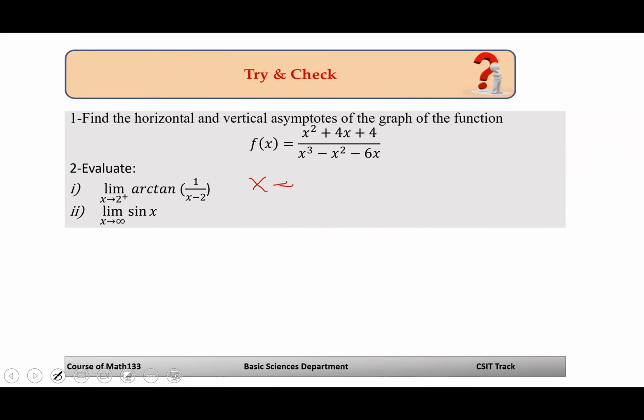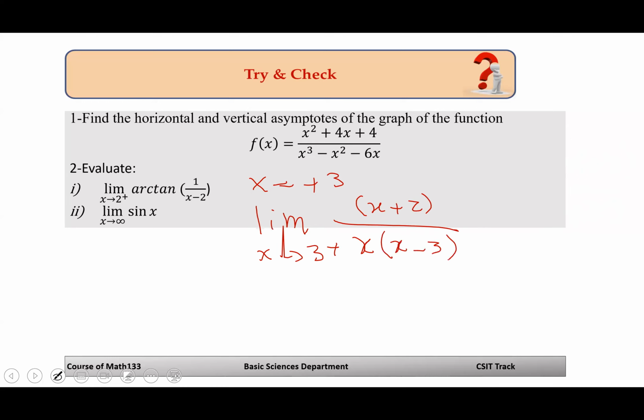For x equal to 3, is it a vertical asymptote? Since I cannot replace x by 3, I will compute the limit as x approaches 3 plus of, if you remember, x plus 2 over x times x minus 3.